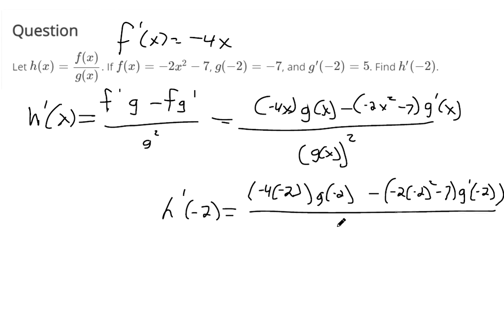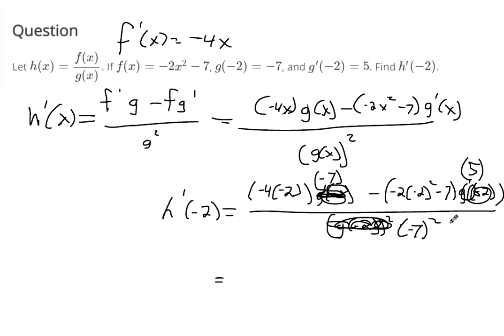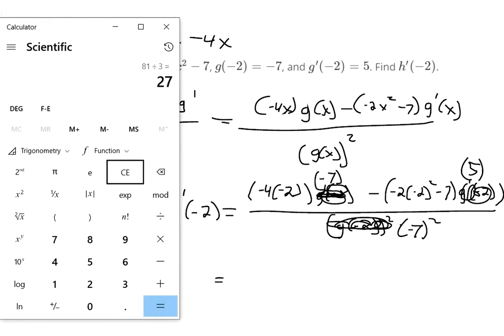It's all over g of negative 2, this is being squared. So g of negative 2, they tell us that that is negative 7. G prime of negative 2, they tell us that that is 5. So in the denominator that's negative 7 squared. Okay, now we can simplify.